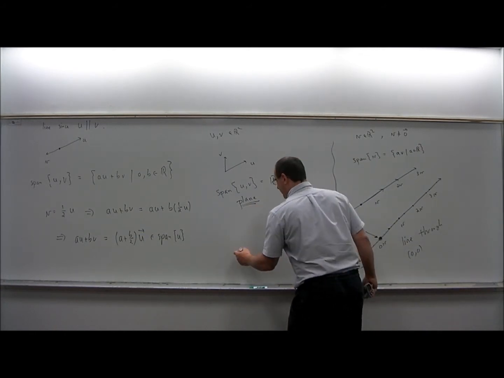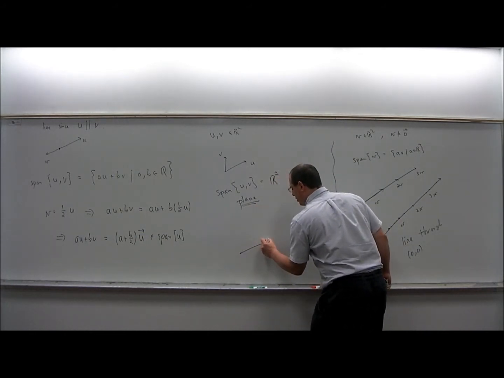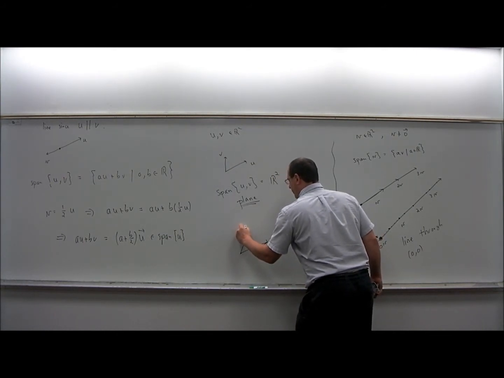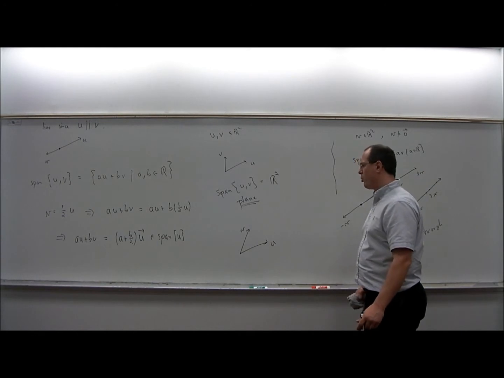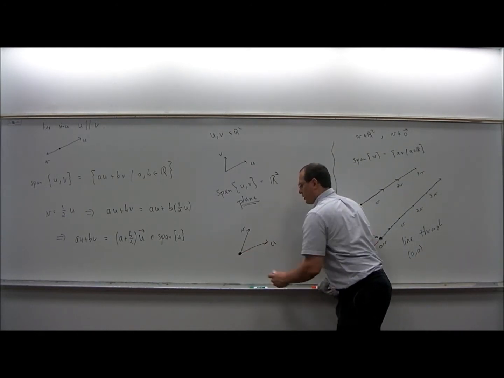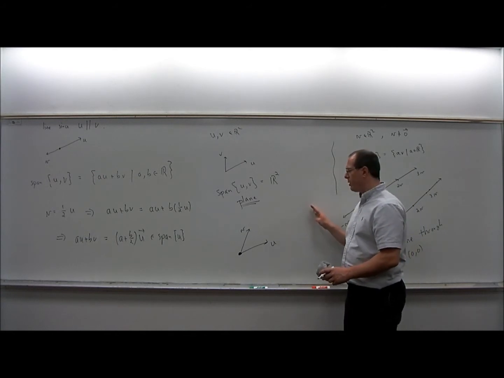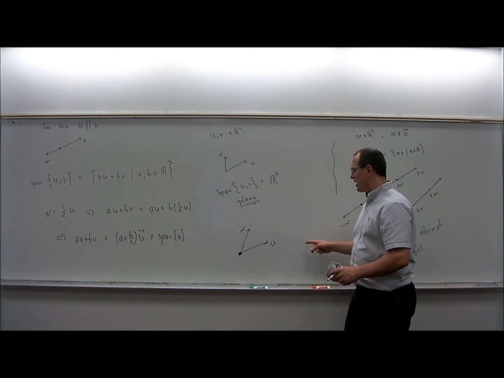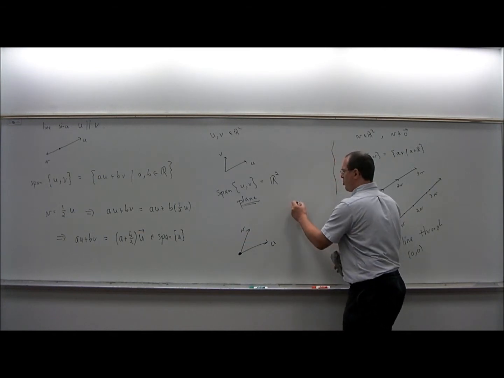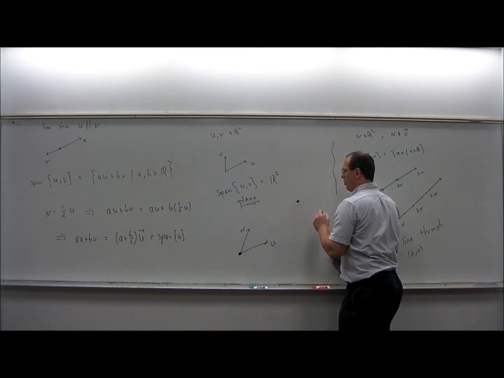To see that, here's u, here's v. Given any arbitrary point in the plane, here's the origin. Given any arbitrary point in the plane, you could access that point using u and v. In other words, you could think of that point, let's call it, there's our point right there.